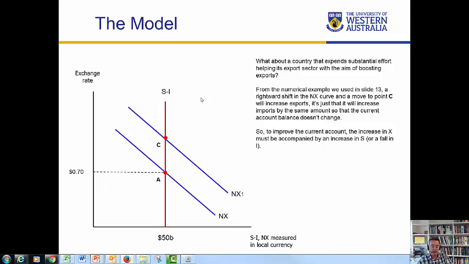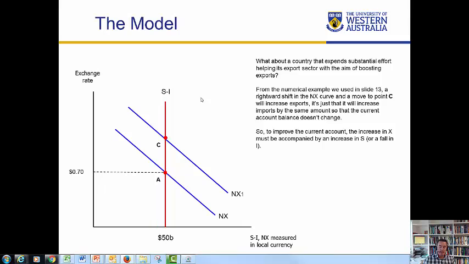However, if that rightward shift in the S minus I line occurred over, say, a 5 to 10 year period, then each year we could break up the rightward shift into smaller movements. So each year the economy saves a little bit less, and each year we get additional downward pressure on the exchange rate, so the exchange rate depreciates a little bit each year.